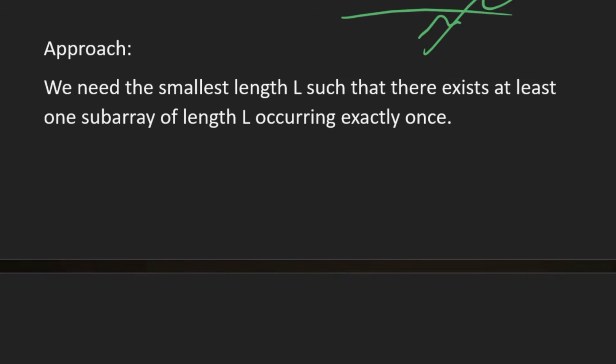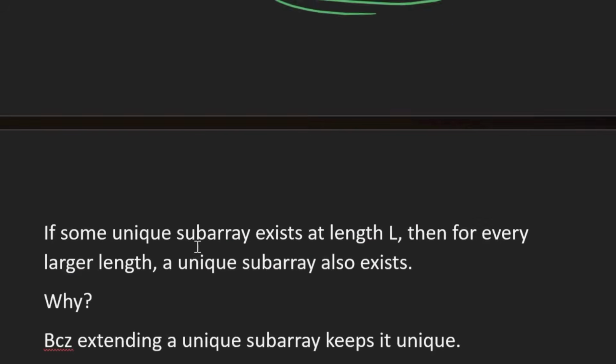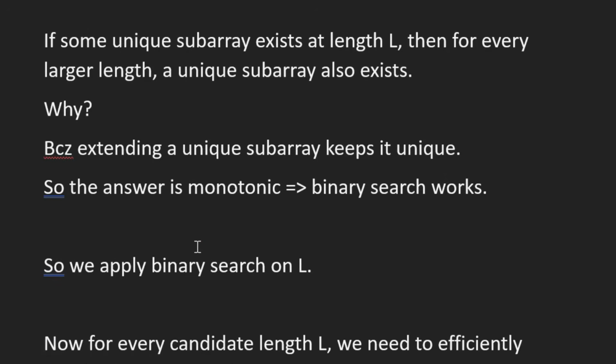Basically we need the smallest length L such that there exists one subarray of length L that occurs only once. That is, there is no other subarray that is identical to that subarray.